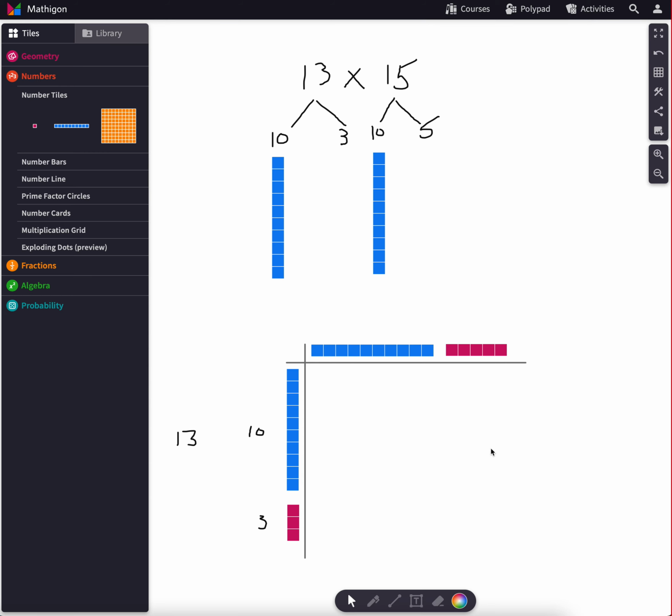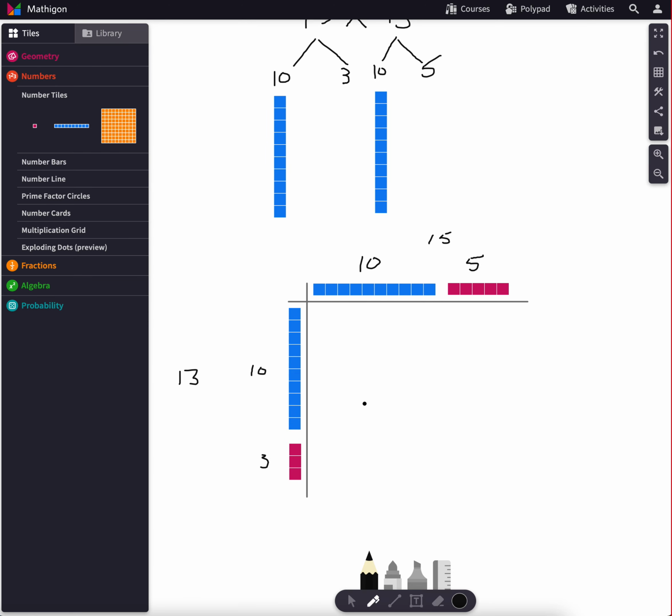So here's what you got. Okay, I can write on top here too, actually. There's 10 and 5. Okay, so there's your number 15 across the top. And your job, we call this a table method, right? But it's really like an area model, if you will, okay?